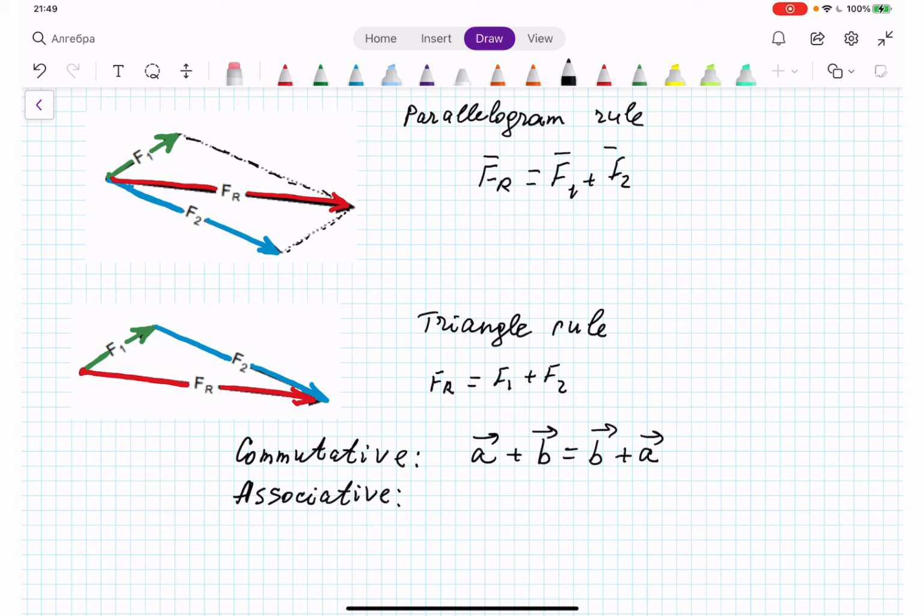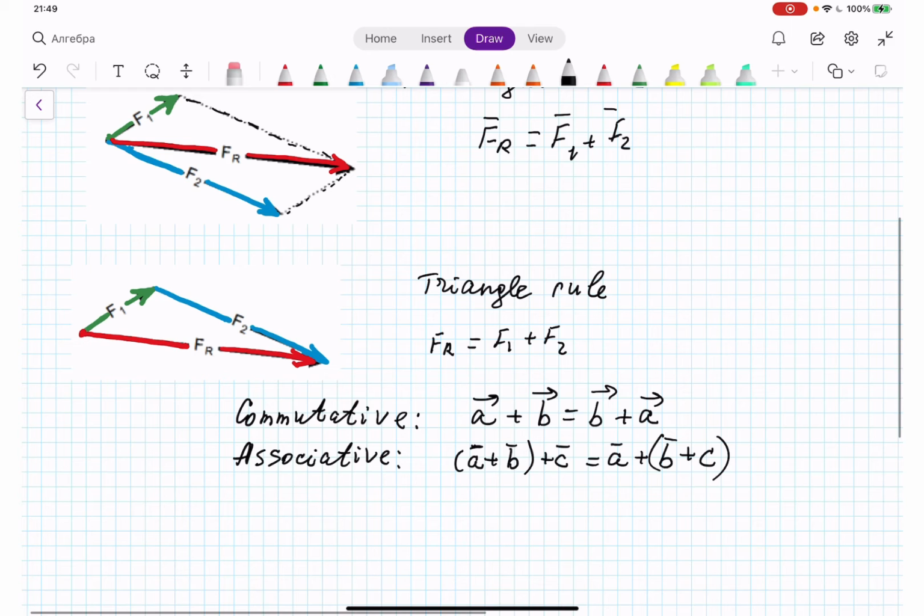Which means A plus B, remember, notation can be an arrow, it can be just a line, plus C is equal to A plus B plus C. Associative.